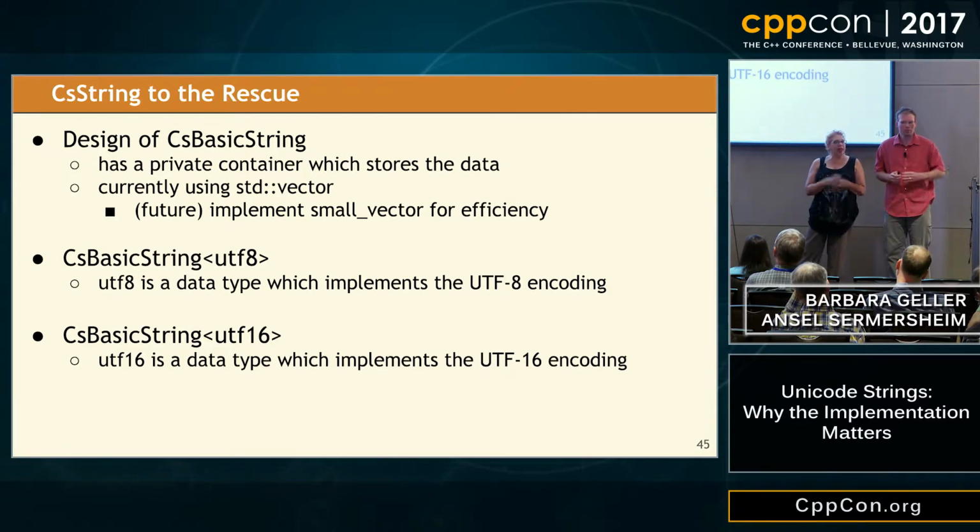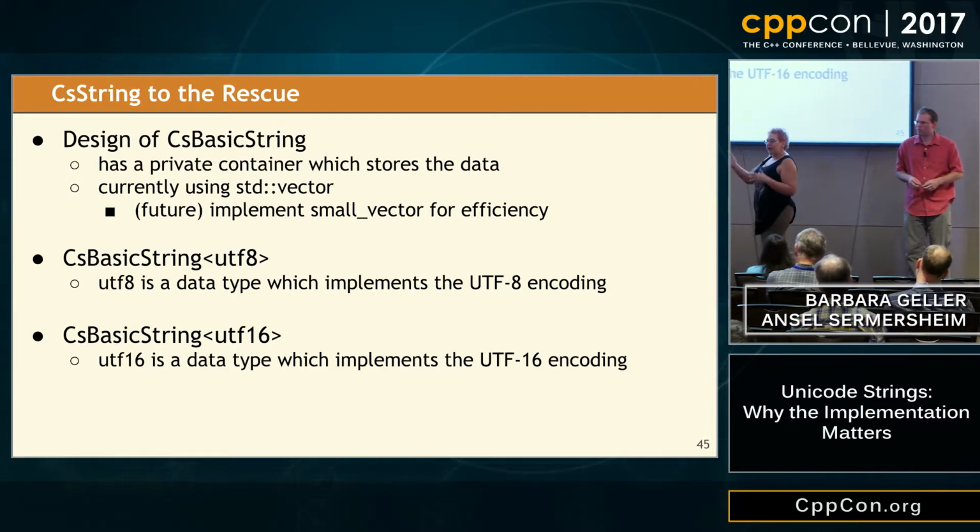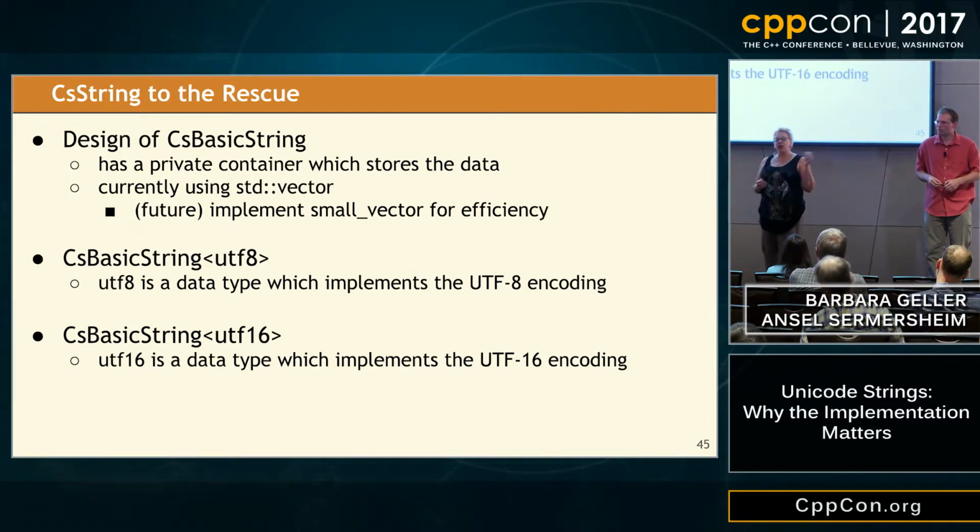And everything in CS basic string, again, calls the encoding. So nothing needs to change in the basic string class. It does everything you would want it to do. We have also started to add find fast, and we are adding that in various places to do things that return an iterator, not an index.